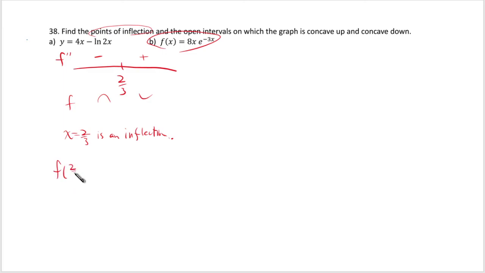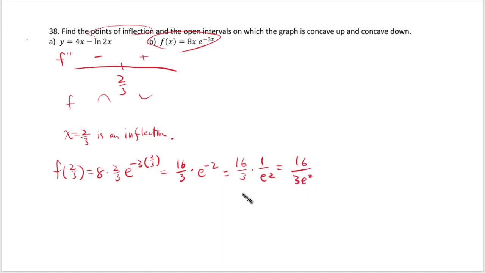F of 2/3 is equal to 8 times 2/3 times e to the negative 3 times 2/3, which is 16 over 3, and then e to the negative 2. E to the negative 2 is 1 over e squared, right? And when you multiply fractions, top to top, bottom to bottom, it's 16 over 3e squared.